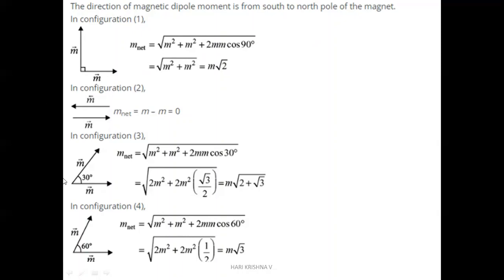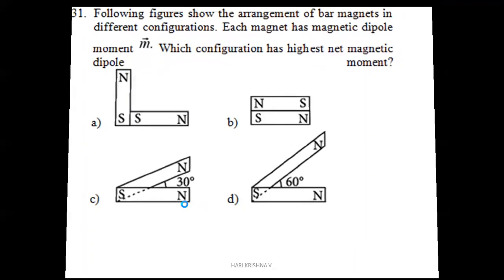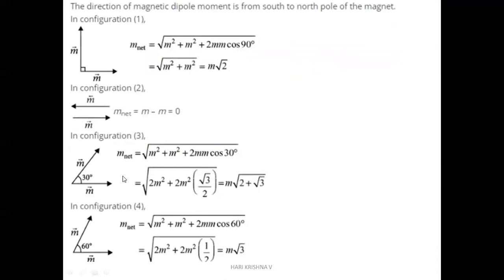Next, third configuration, 30 degree. So root of m square plus m square plus 2mm cos 30. Cos 30 is root 3 by 2.